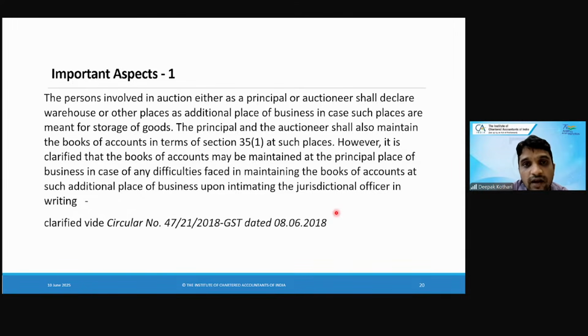And he will approve it. So you don't have to get approval, you have to just intimate. You have to only intimate the jurisdictional officer. It doesn't say approval. So just intimate the jurisdictional officer that for that additional place of business, the record will be maintained at the principal place. That is sufficient.